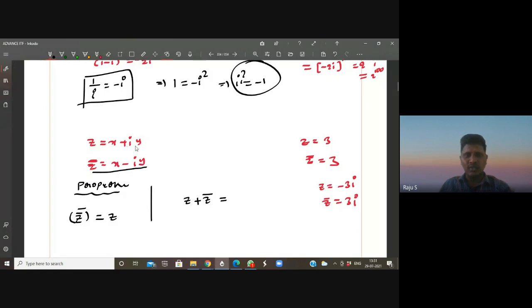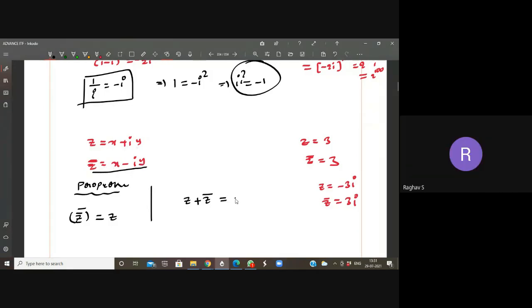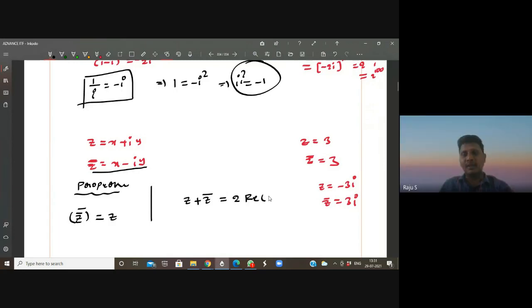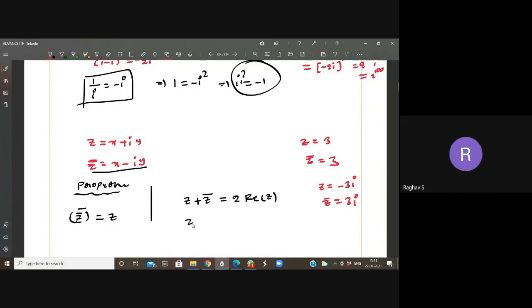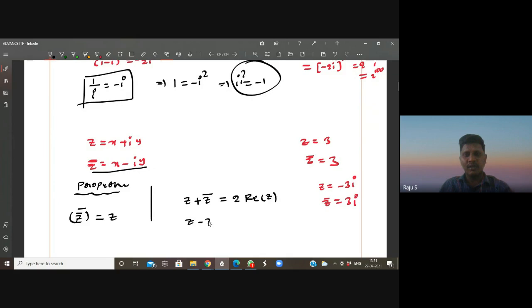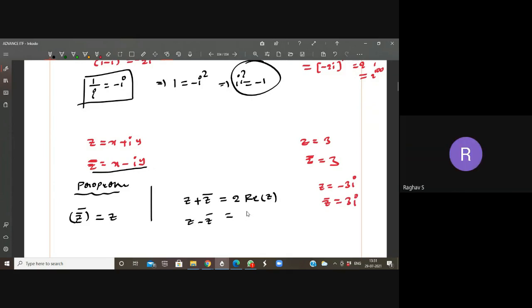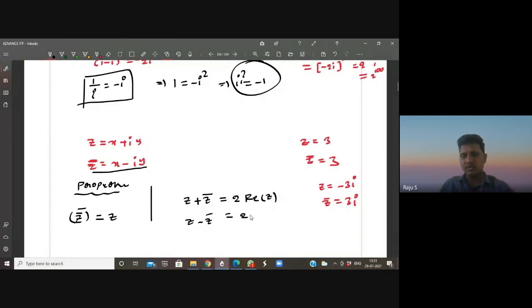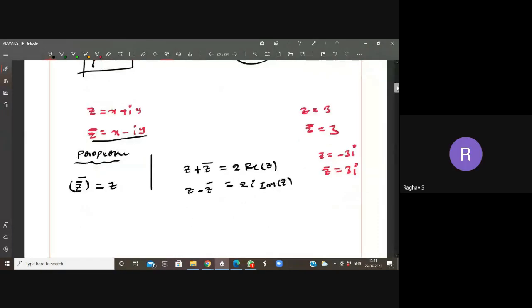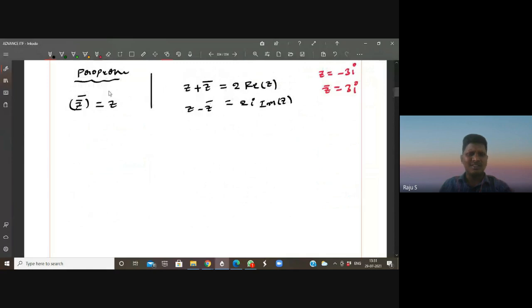Z is x plus iota y, so adding these two gives 2 times the real part, 2x. Exactly, 2 times the real part of Z. Z minus Z conjugate becomes 2 times iota times the imaginary part of Z, that is 2i into the imaginary part of Z, because i will be there. These are the simple properties.